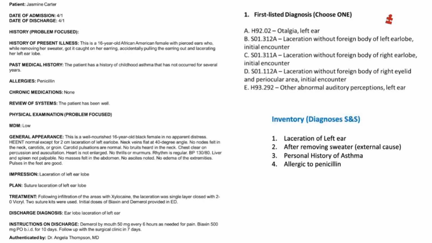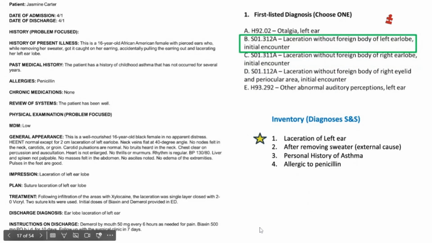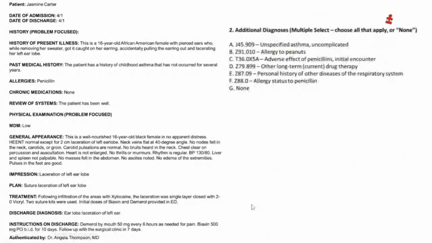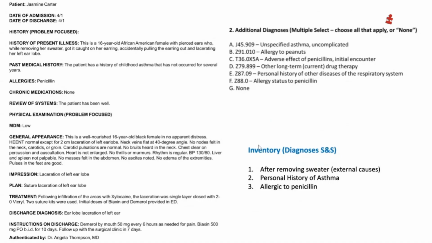So if you don't see anything else in my inventory, I want to go on. I'm going to say what you said, that the laceration of the left ear will be my first listed code, and you find that at B. And if you said that, outstanding.